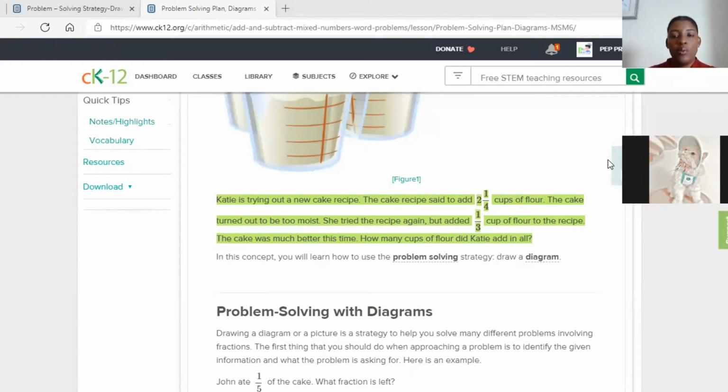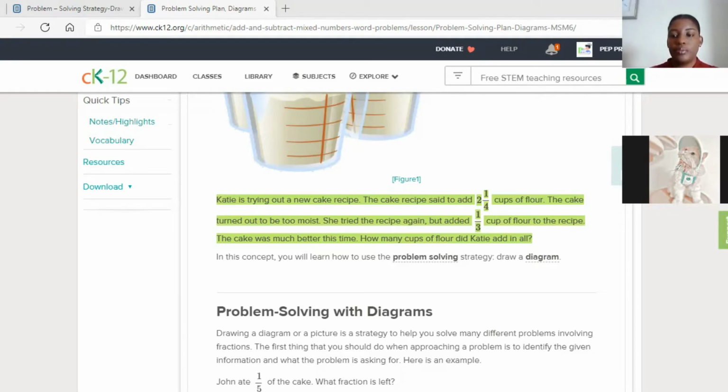All right, can you tell me what is the problem asking you to do? Miss, the problem is asking to find out how many cups of flour Katie added. Yes. So it spoke about Katie adding 2 1/4 cups of flour initially, and then she added another 1/3 cup of flour, and it wants to know how much flour she added to the cake in all.